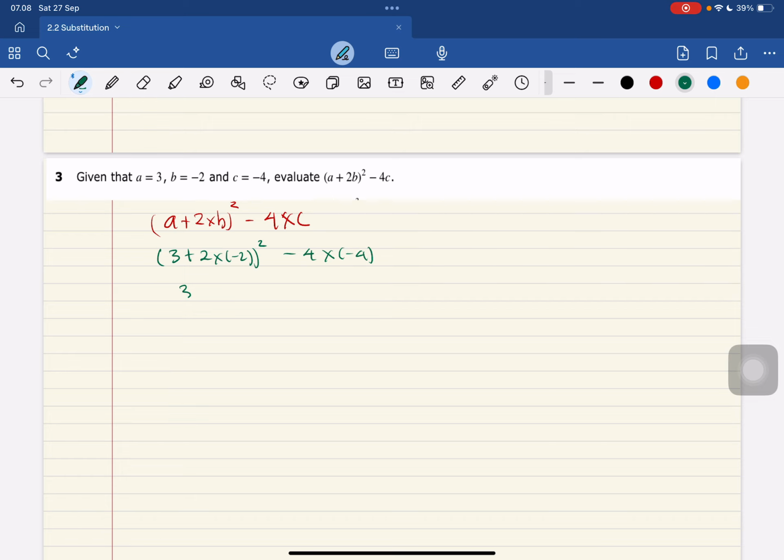So this becomes 3 plus minus 4, make it squared, minus 4 times minus 4. So it's going to be minus 1 squared minus 4 times minus 4. So minus 1 times minus 1 is going to be 1, and then minus 4 times minus 4 is minus 16. So 1 minus minus 16 is going to be 17.